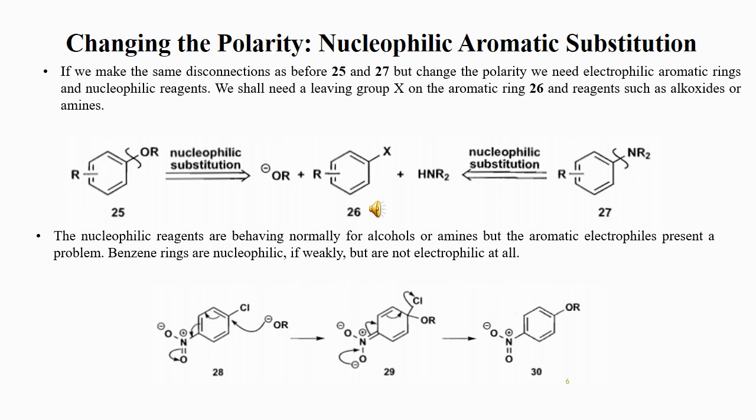Then we should go for thinking of nucleophilic aromatic substitution. Nucleophilic aromatic substitution means a nucleophile comes and replaces another nucleophile on the aromatic ring, or replaces hydrogen. Hydrogen is the leaving group, and the nucleophile comes and attaches on the aromatic ring.